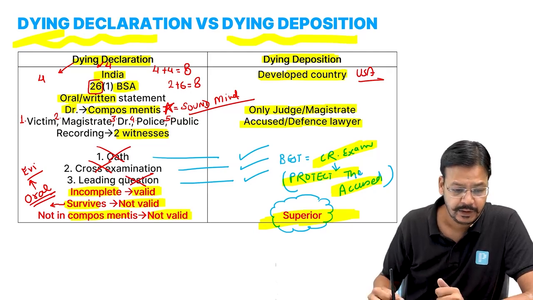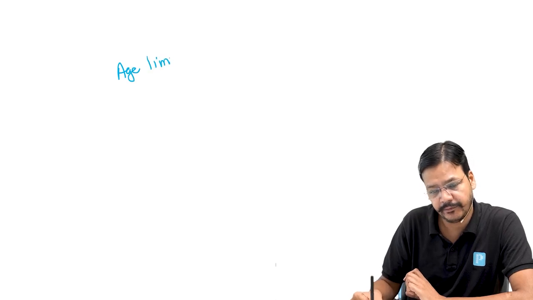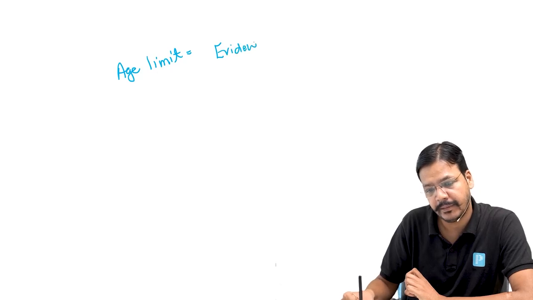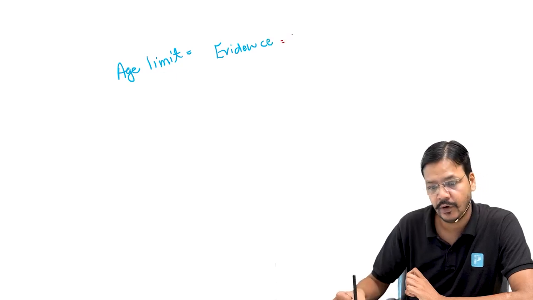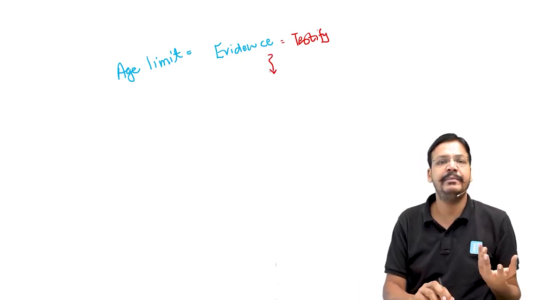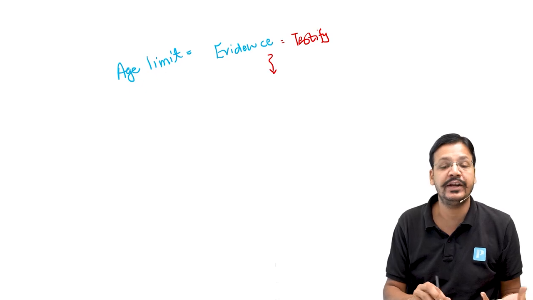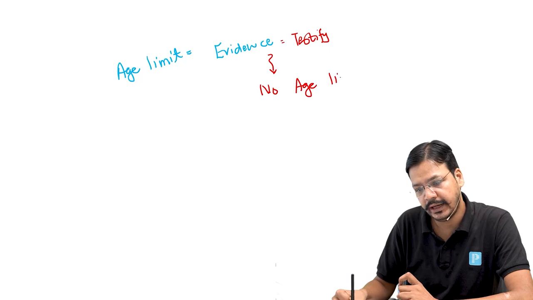Now, sir, one very common question generally asked in your exam: what is the age limit of giving evidence or testifying in court? Just remember, my dear friend, no age limit.